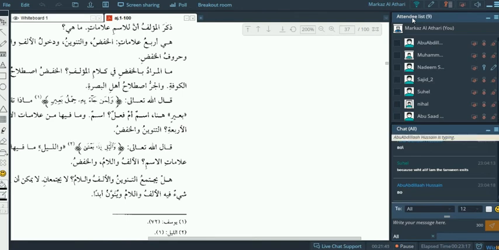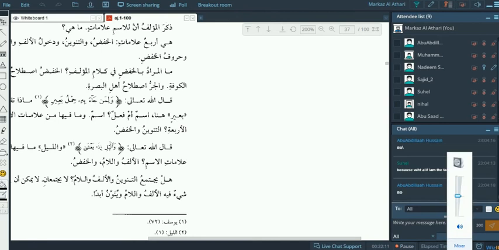Now it no longer takes tanween, and now it begins to take one dhamma, depending on its place in the sentence, one dhamma, or one fatha, or one kasra. It's not possible for these two things to come at the same time, alif al-lam plus tanween. So the maximum of the alamat al-ism at any one given time is 3. It's not possible to have 4.